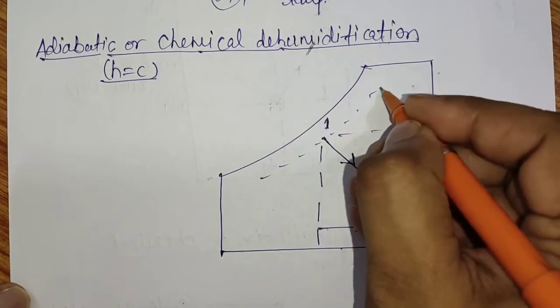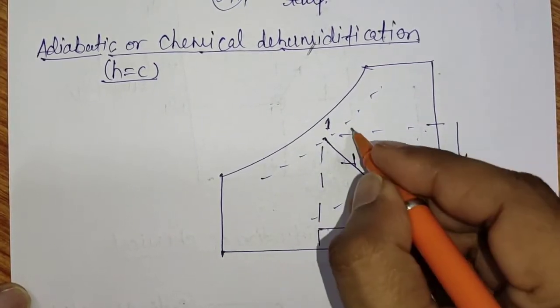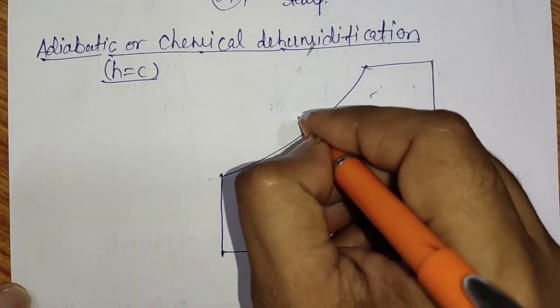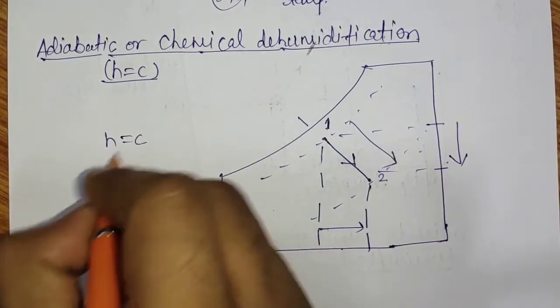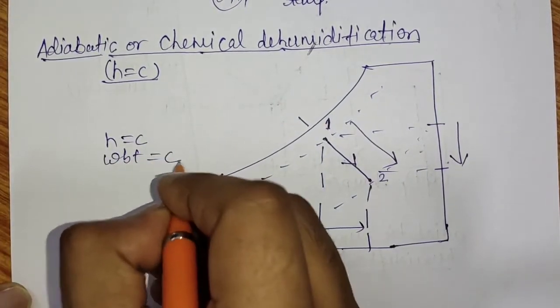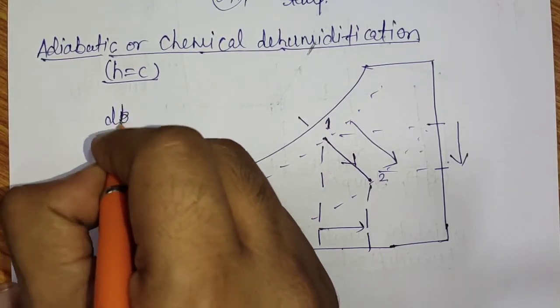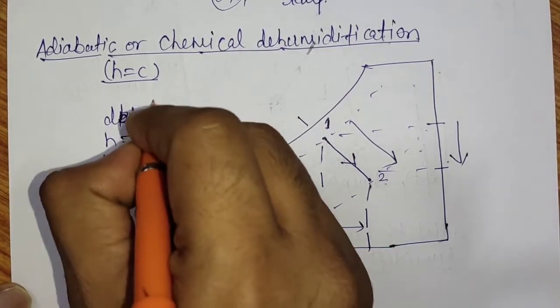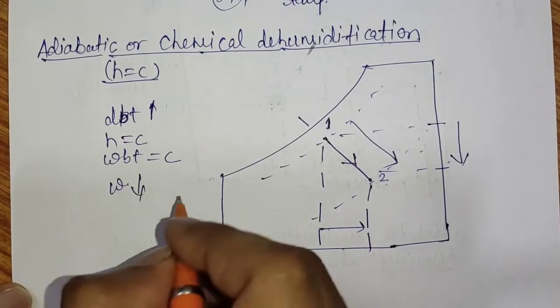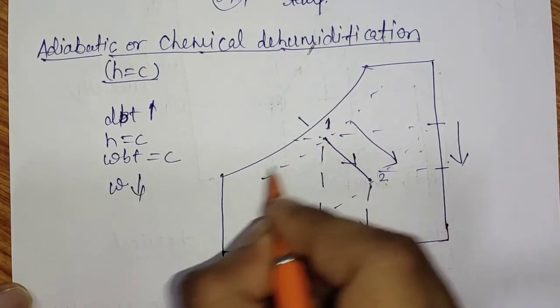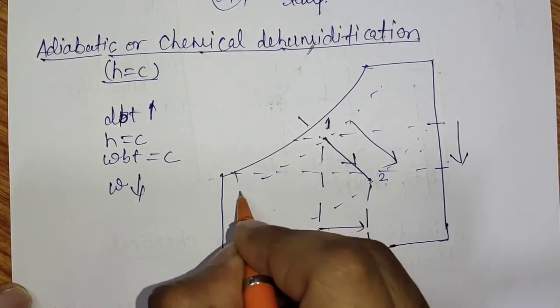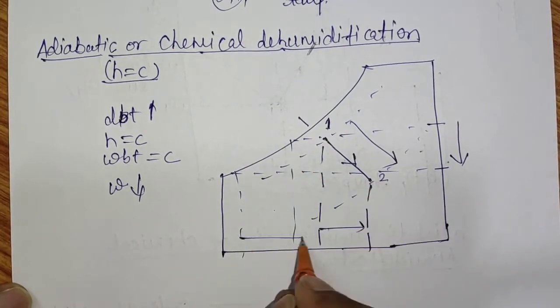The relative humidity is also decreasing. The enthalpy remains constant. Wet bulb temperature will also remain constant. The dew point temperature will also reduce.